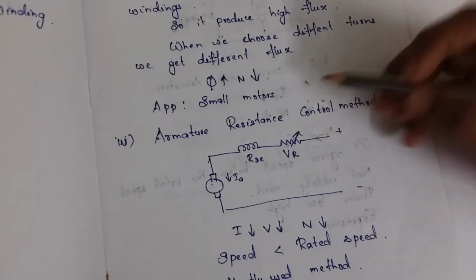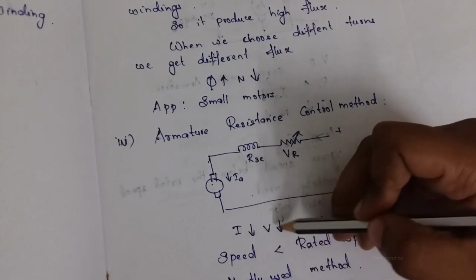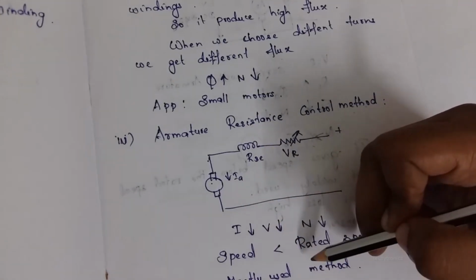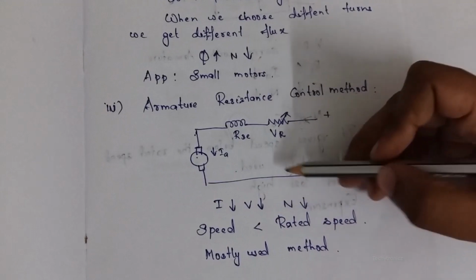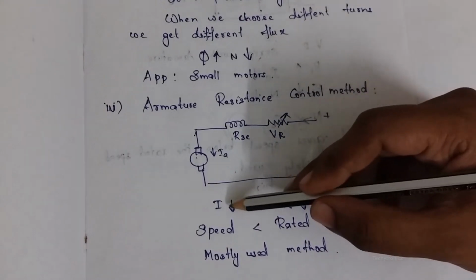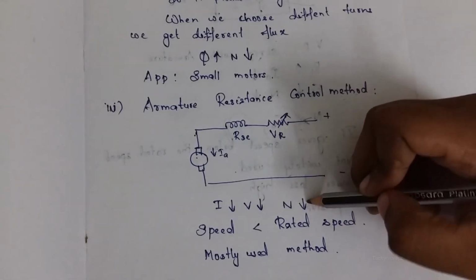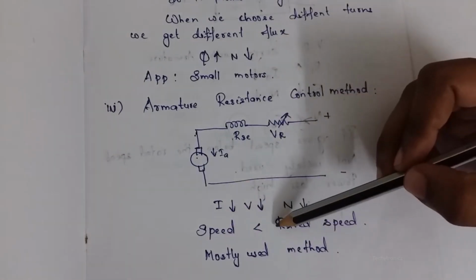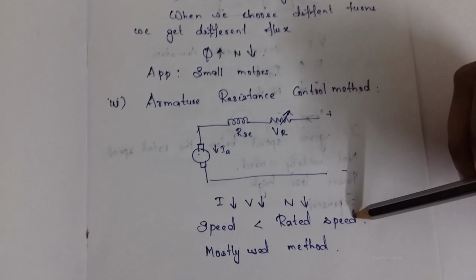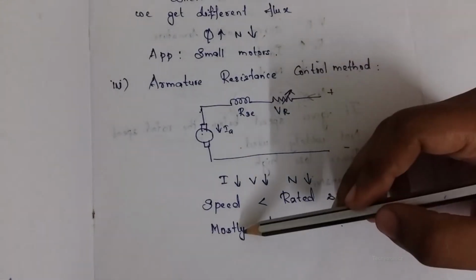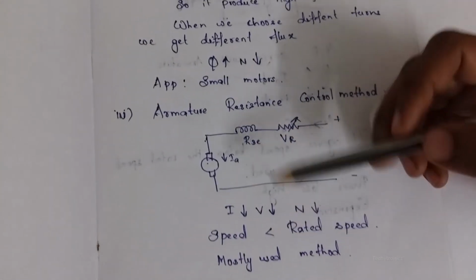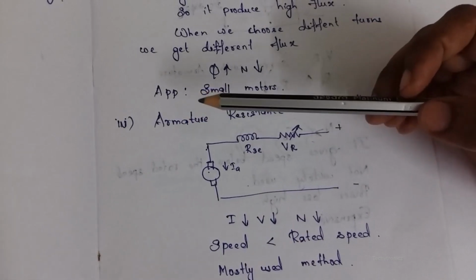When this current decreases, the voltage across the armature also decreases, and when the current and voltage decrease, the speed is also reduced. Here the speed is much less than the rated speed. This is one of the most used methods among the speed control methods of a DC series motor.